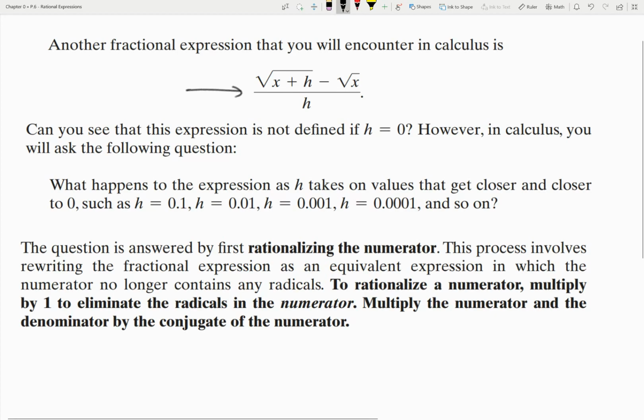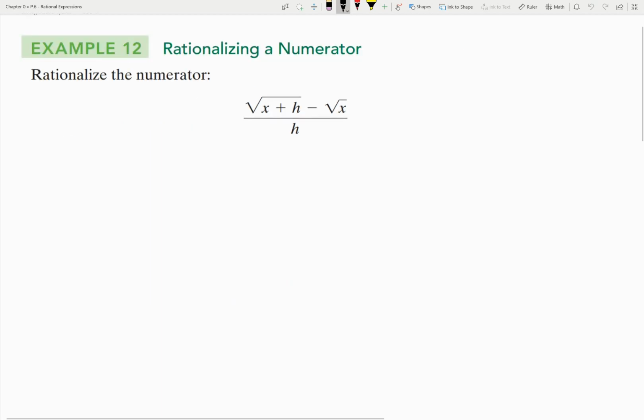So this process involves rewriting fractional expressions as an equivalent expression in which the numerator no longer contains radicals. And guess what? We just multiply by the conjugate. So let's finish this by looking at this expression, the square root of x plus h minus the square root of x, all over h. I don't like it the way it is. I want to rationalize the numerator, so I'm going to multiply by the conjugate. This first term stays the same. The second term is the opposite.